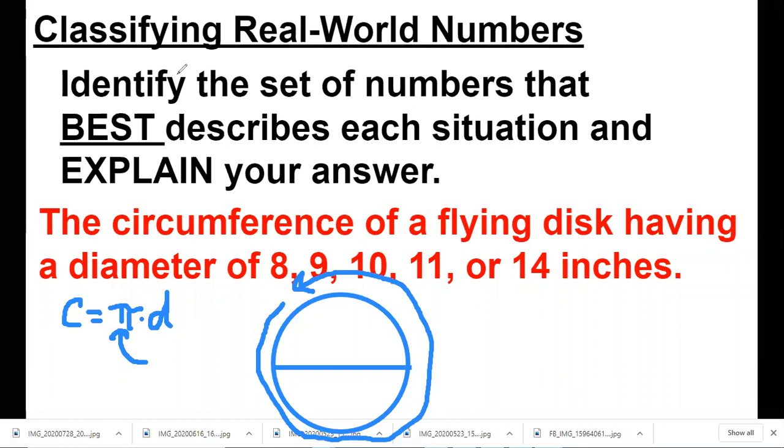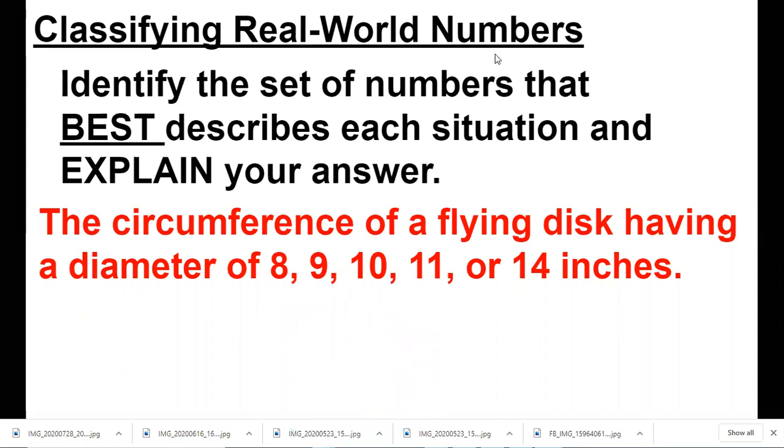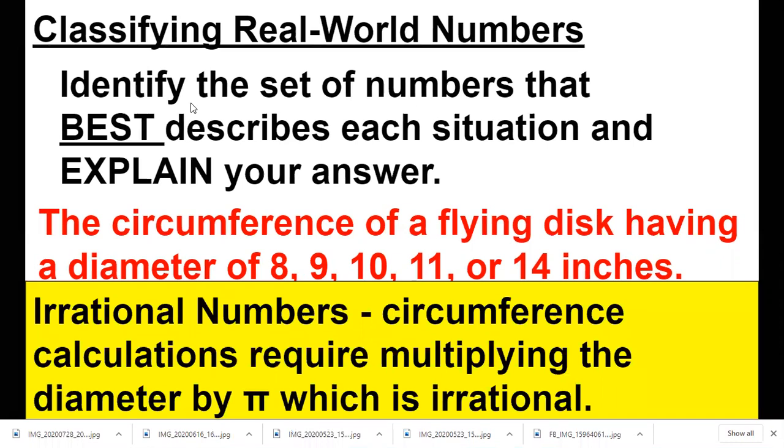So because of pi in our formula, that makes this number the best choice to be irrational. Irrational numbers would best describe the situation because circumference calculations require multiplying the diameter by pi, which is irrational.